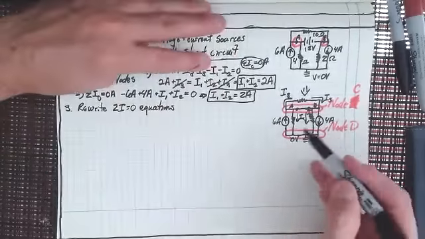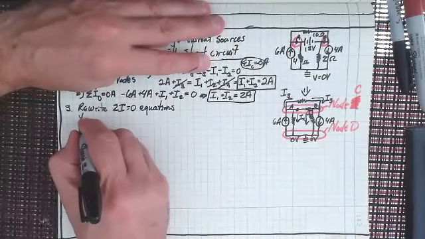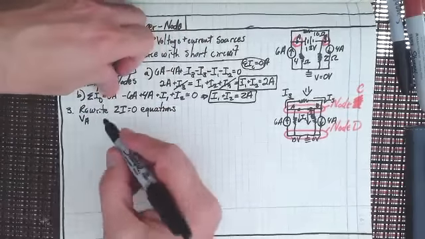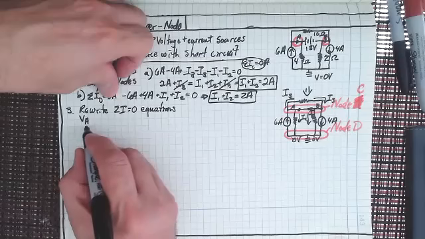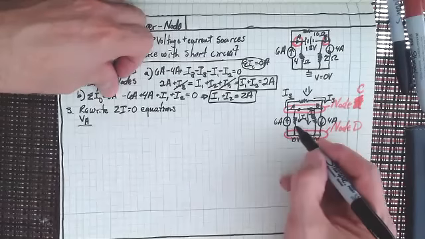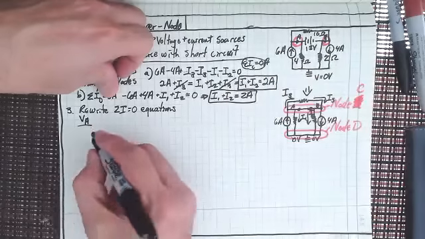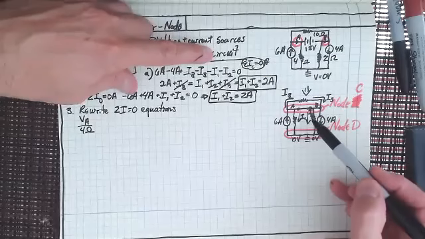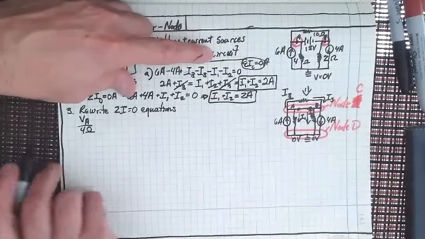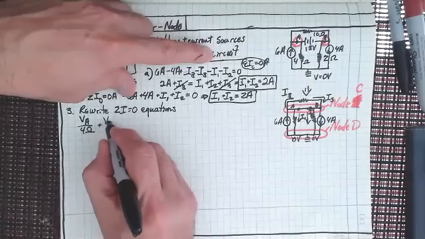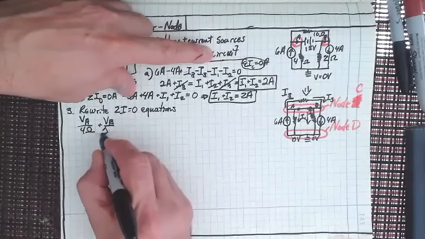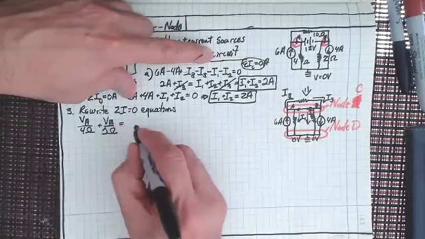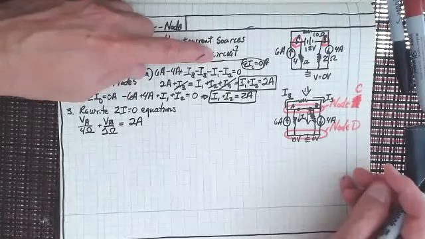Let's do that for I1. We know that V sub A, right, divided by 4 ohms, because that's I1. And then I2 is going to be V sub B, so plus V sub B over 2 ohms, because that's I2. That has to equal 2 amps.